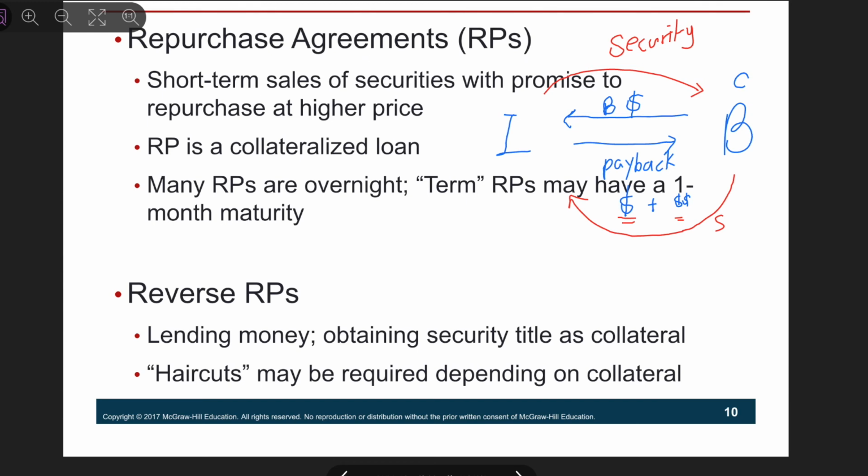So let's look at the reverse RPs. It's like the broker side, right? So I and B. Let's have it the same, but as lending.